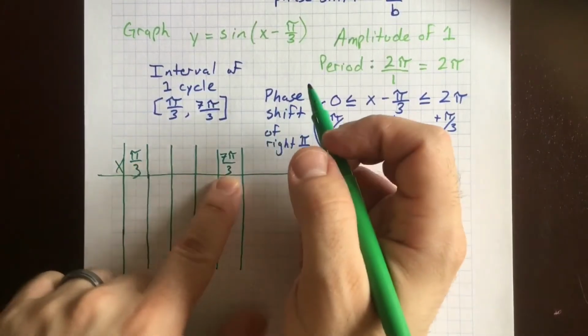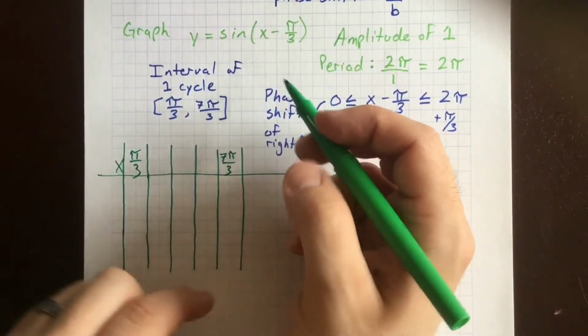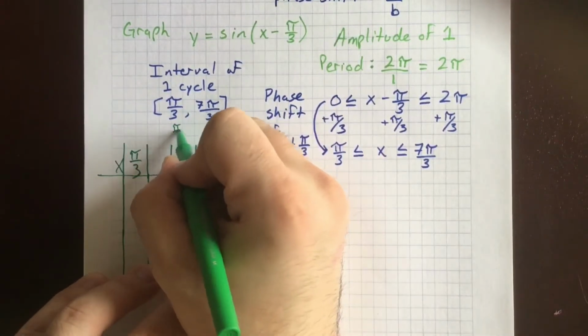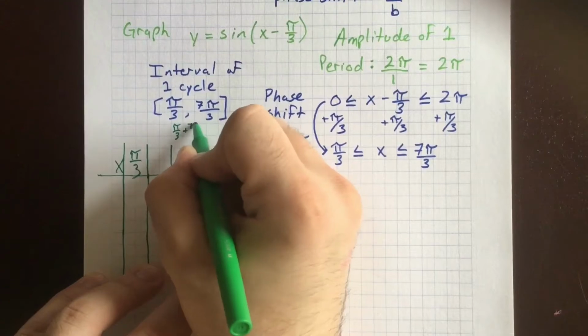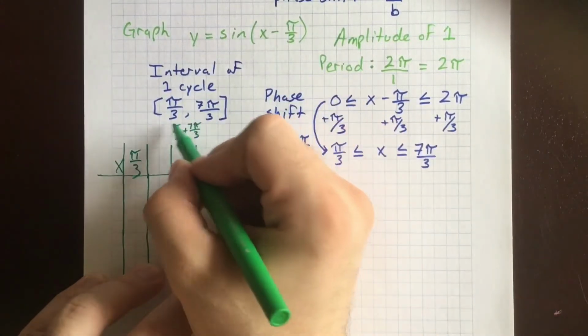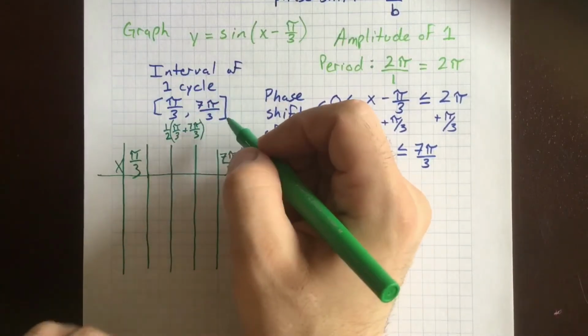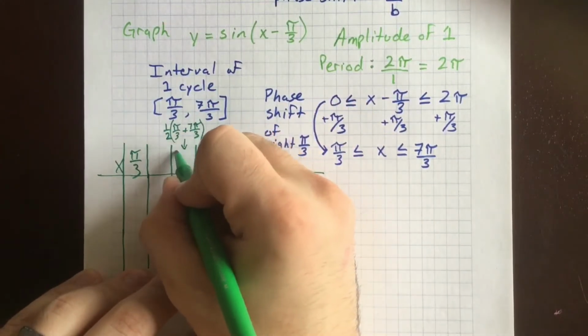So we want to know the middle of these two values. I'm going to take pi over 3, add 7 pi over 3, which would be 8 pi over 3. We want half of that. So half of 8 pi over 3 is 4 pi over 3.